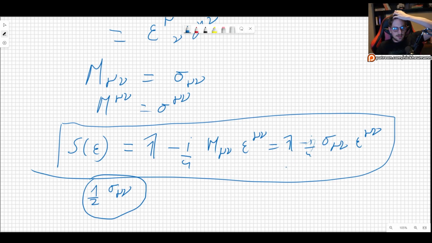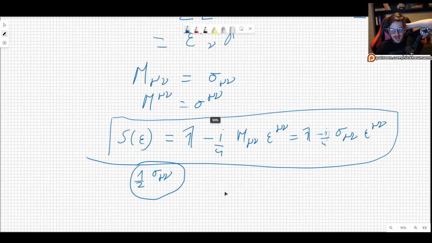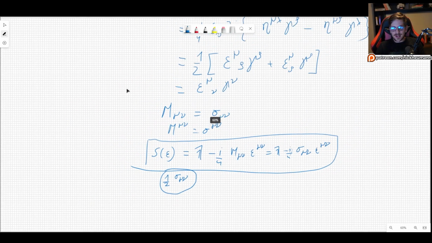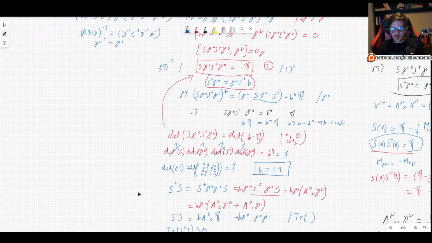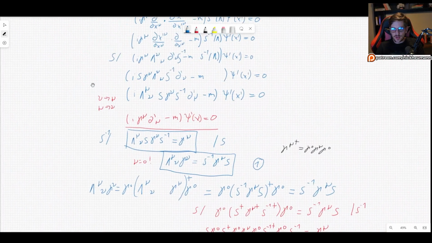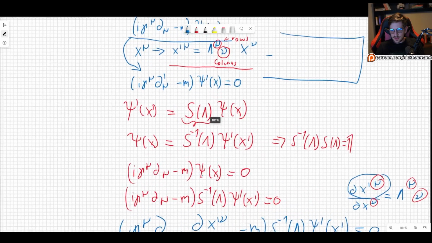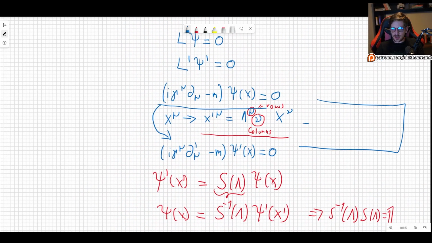And I believe that, yeah, we made it. So let me just recap what we did. We just showed that the Dirac equation is indeed covariant. That was the whole point, right? We wanted to show that these 2 expressions are equivalent, so that this expression is equivalent to this.